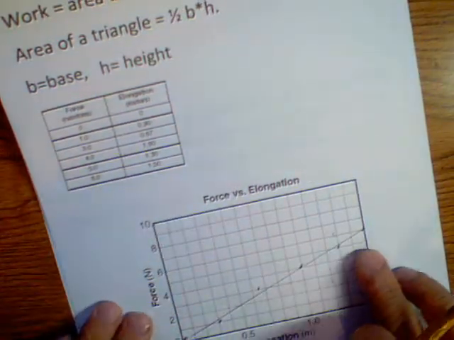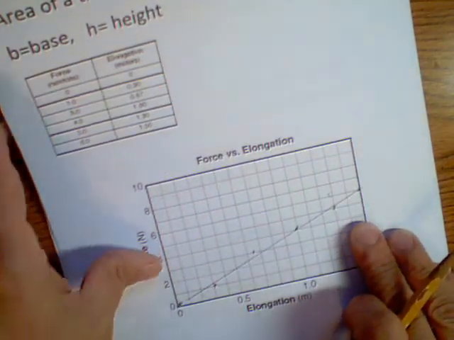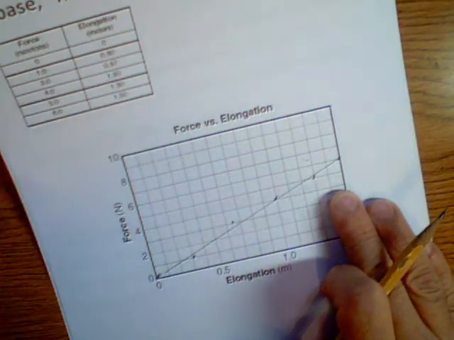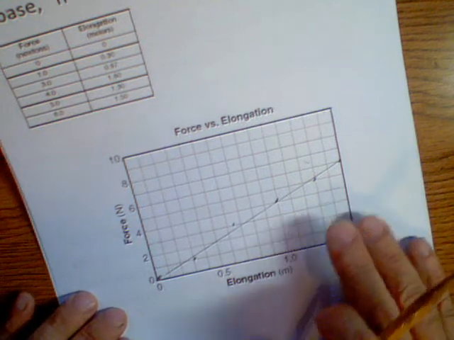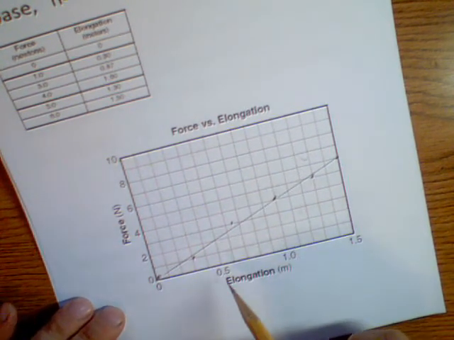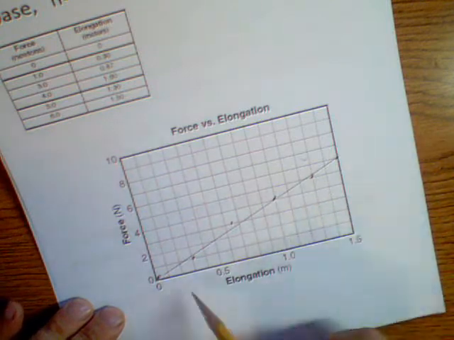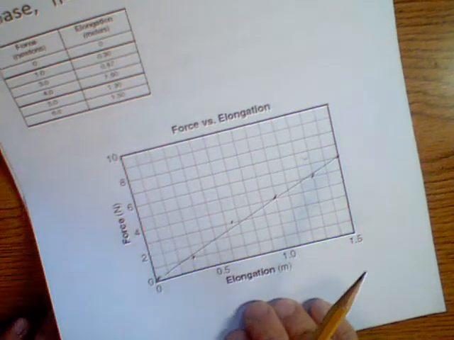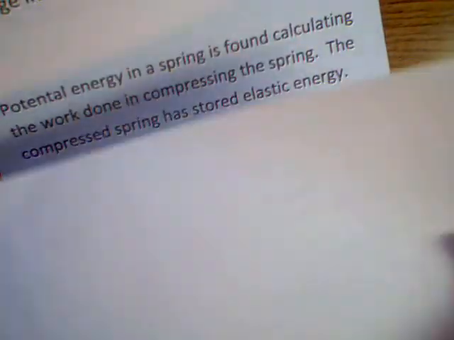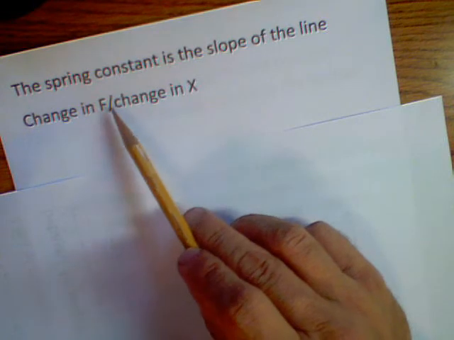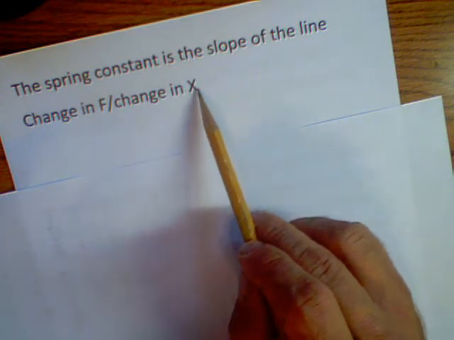The slope of this line is the spring constant. The area underneath the triangle is work. So the spring constant is the slope of the line: change in force over change in x.